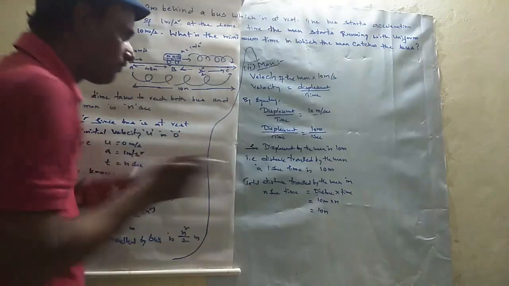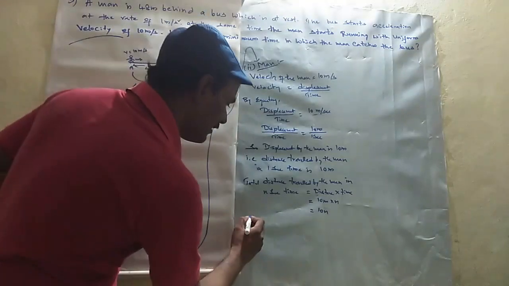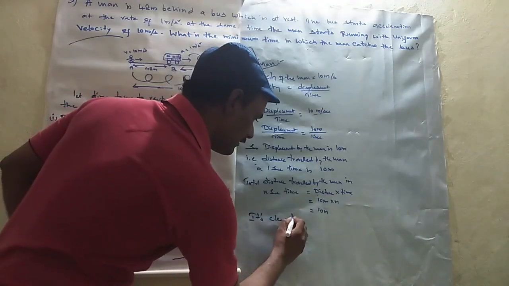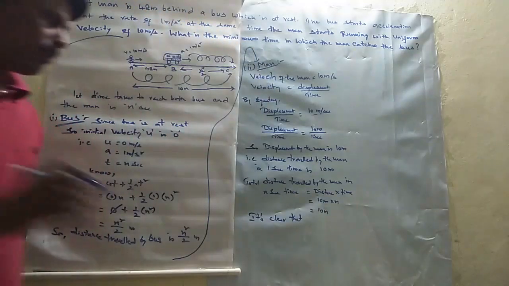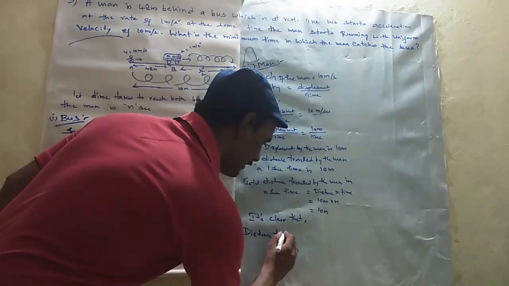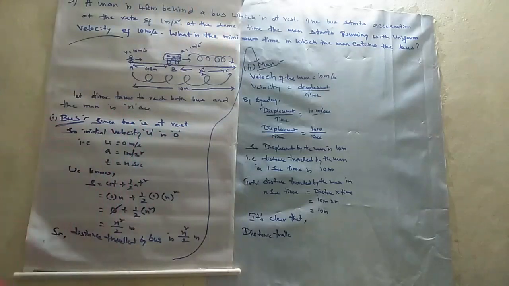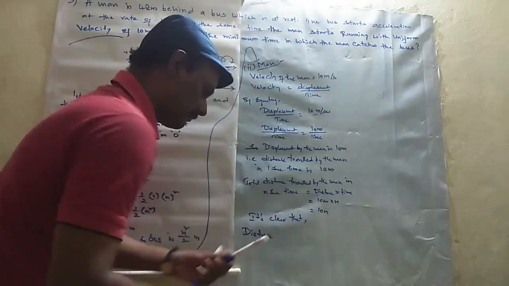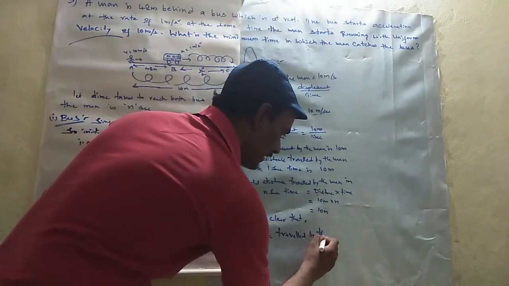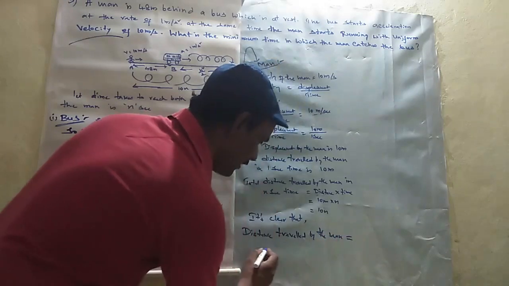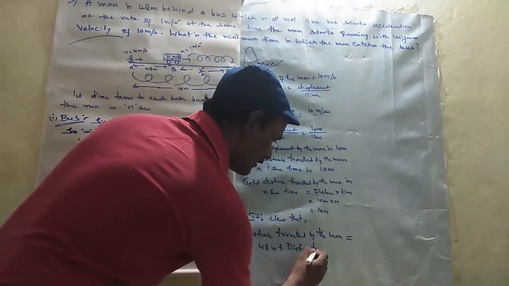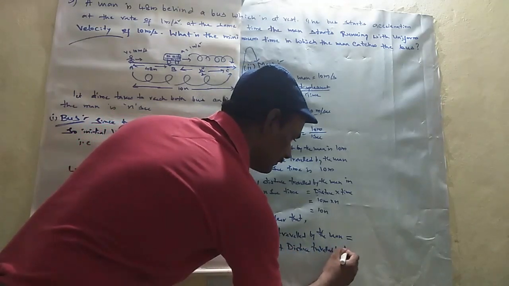Distance traveled by the man equals 48 meters plus distance traveled by the bus.